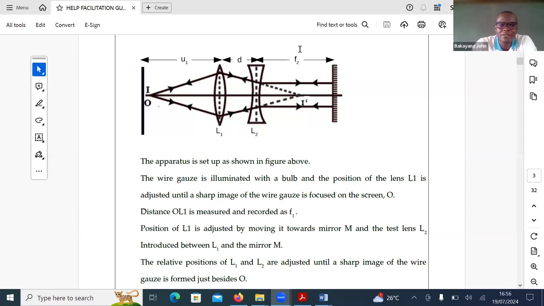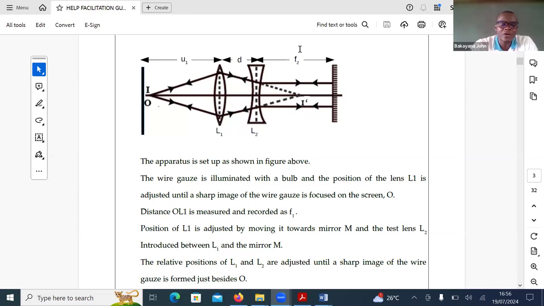Can someone guide us in the steps next? Yes. Yes, please. So we have adjusted the concave lens until the image coincides with the object.